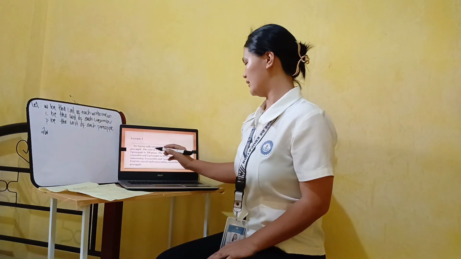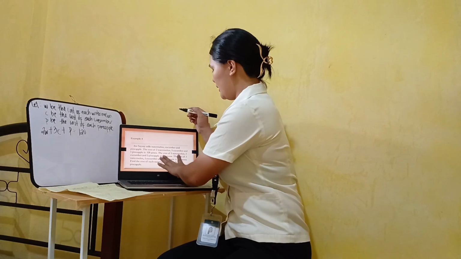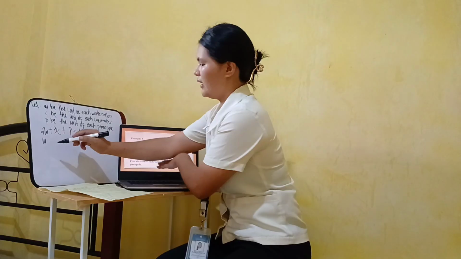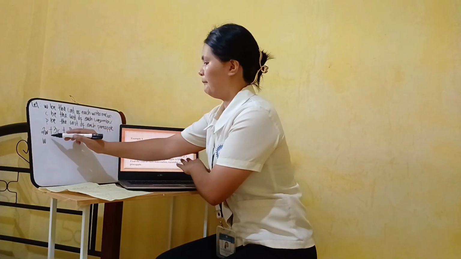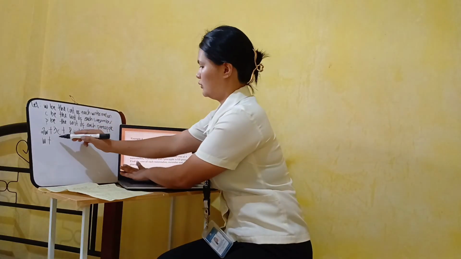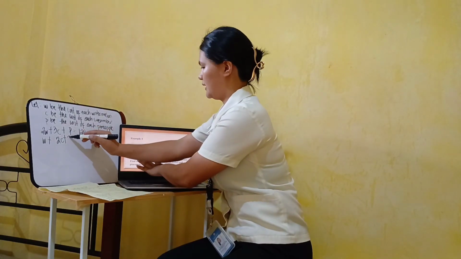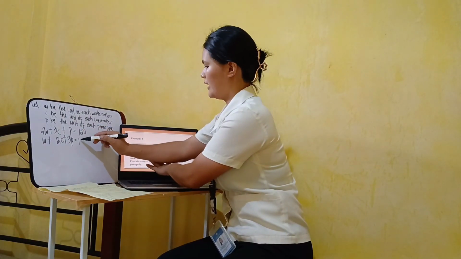So, our equation 1 would be 2W because watermelon is 2 plus 3 cucumber plus 1 pineapple is equal to 120. This one. Equation 2. 1 watermelon, since it's only one, we're just going to write the variable W plus 2 cucumber plus 3 pineapple is equal to 105.